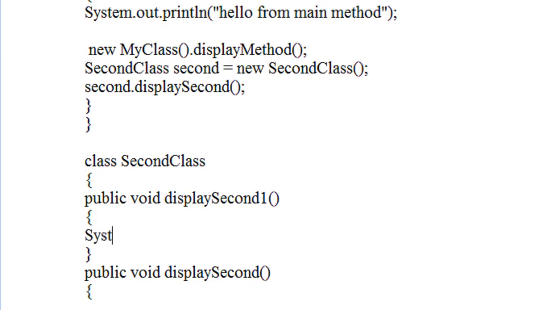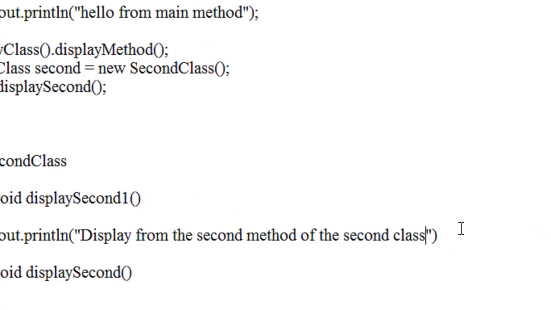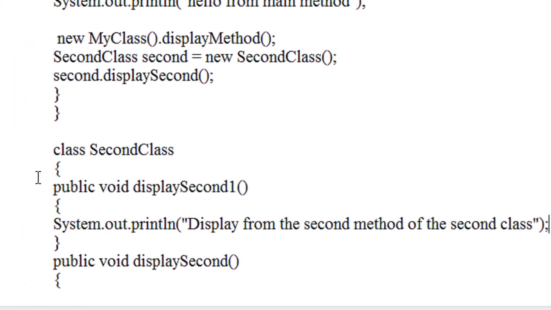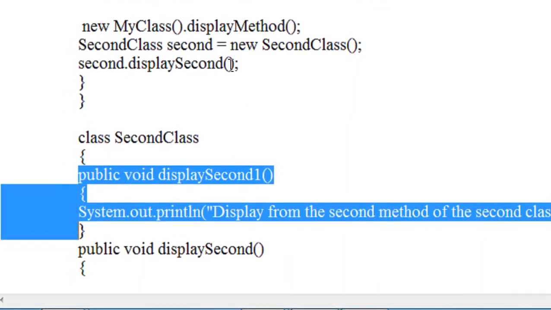So here is the statement, system.out.println, display from the second method of the second class. In order to call this function also, you have to call it by using the object of that class.